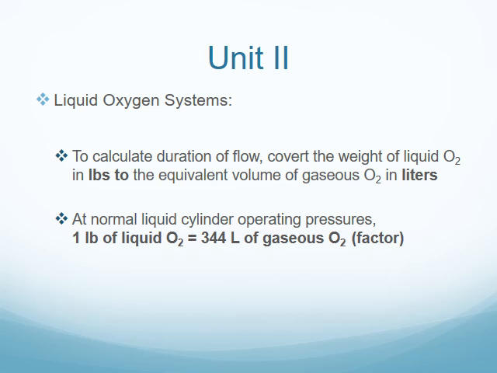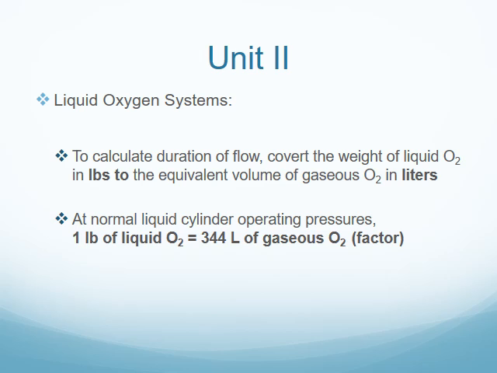So if you were trying to calculate how long the little system would hold enough oxygen for whatever the patient needed based off their liter flow, here's a calculation you can refer to, at least part of it, and we're going to look at another one on the next slide that gives you an idea how to go about figuring out the duration of flow.